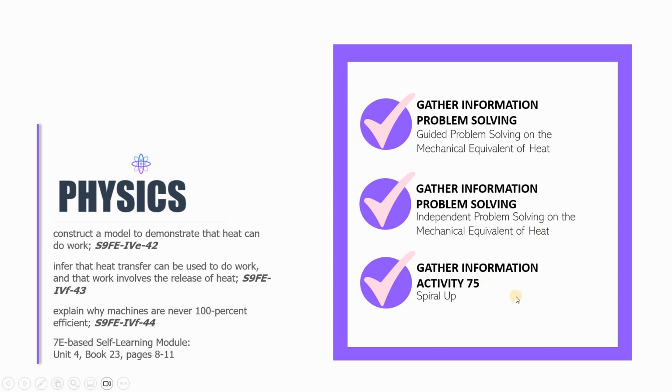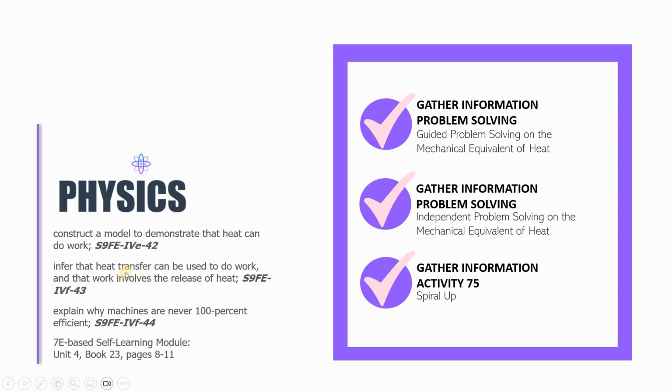So all of these parts of this session are under gather information. Now remember that in this session and in this book, we're still focusing on these learning competencies. The first one is that you should be capable of constructing a model to demonstrate that heat can do work. And so far, you constructed one model that does that. Heat or thermal energy converted into mechanical energy.